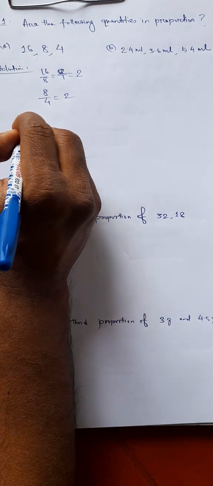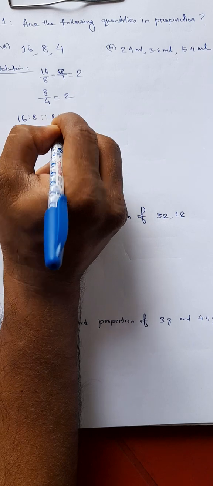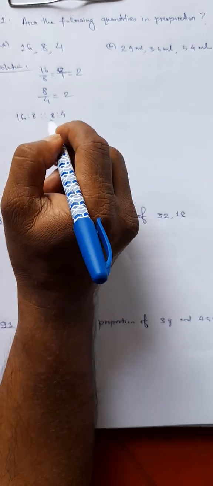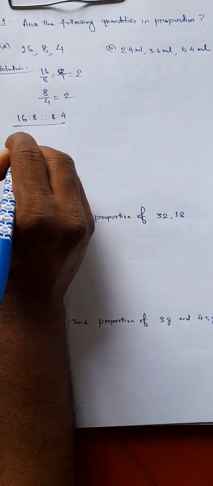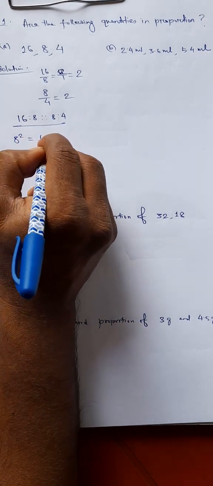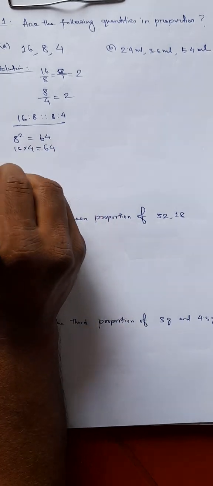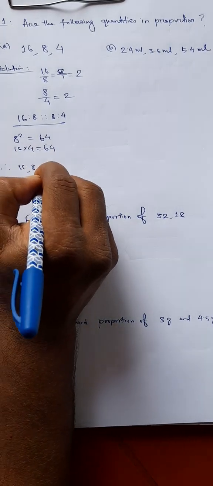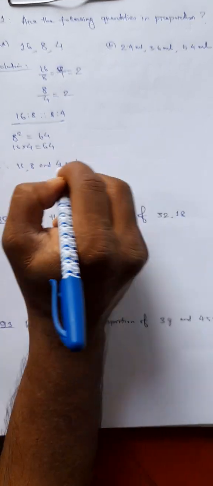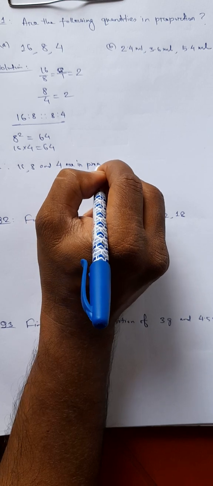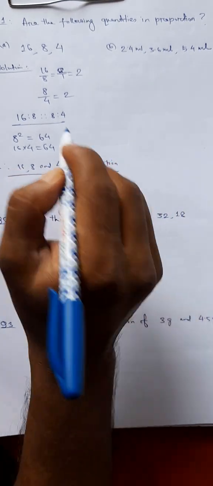Therefore 16 is to 8 proportional to 8 is to 4. That means they are in proportion. Or you can check another way. 8 square equals 64. 16 into 4 equals 64. Therefore 16, 8 and 4 are in continued proportion.